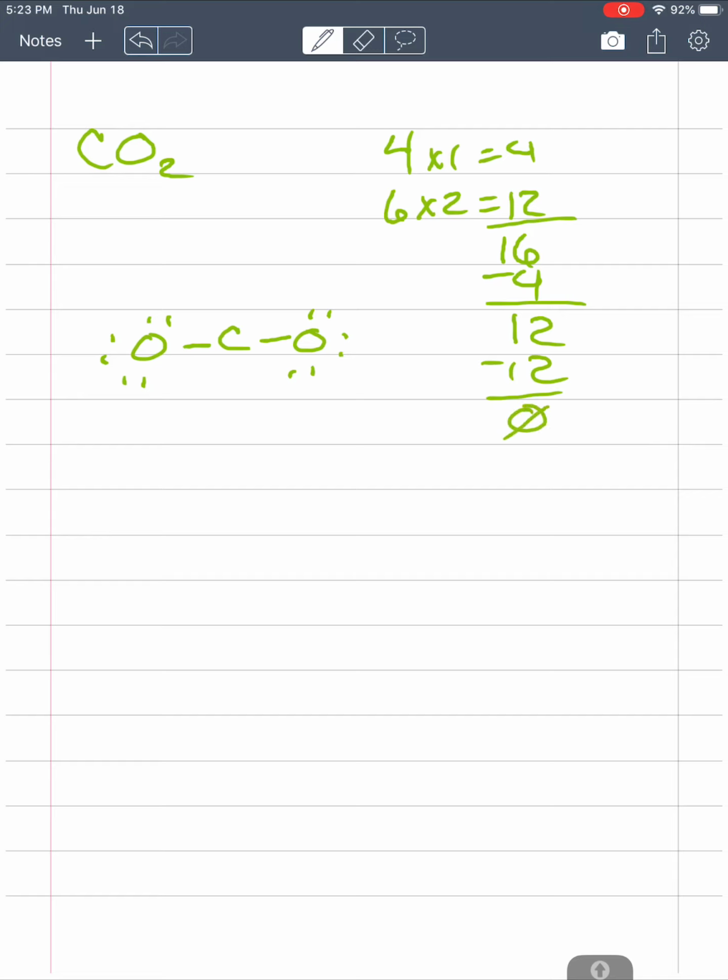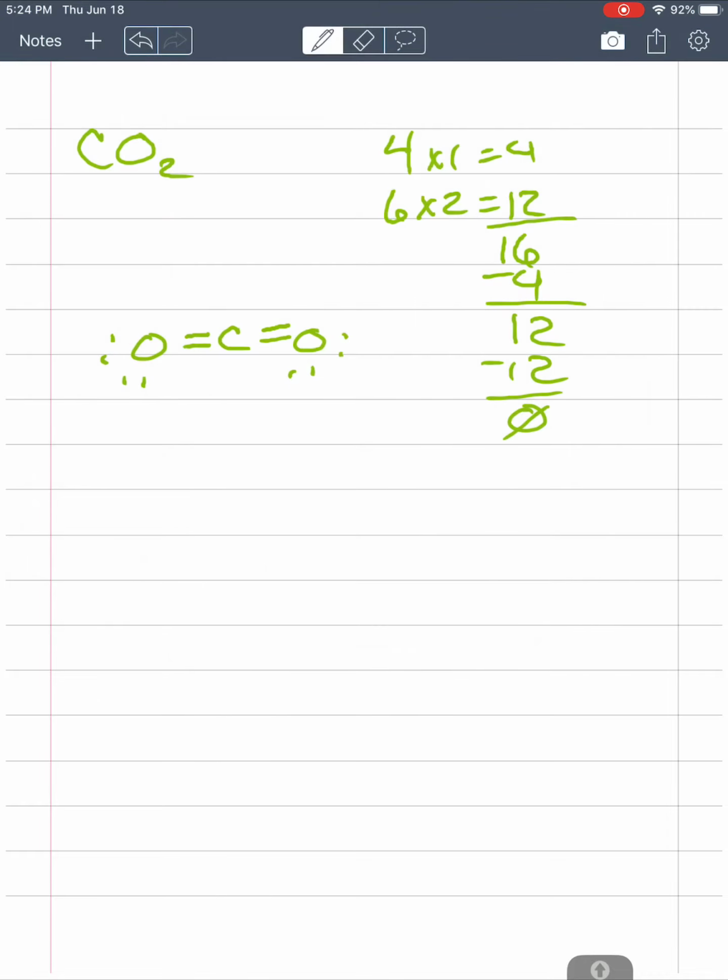Now if we look at carbon, it's not got an octet. It's not an exception to the rule. It's not one of the ones with the incomplete octets. Still no octet. Now we have an octet.